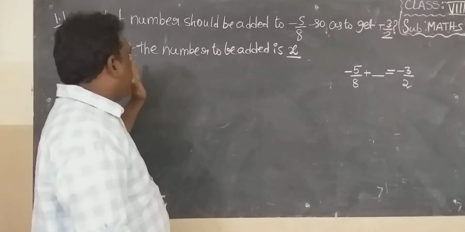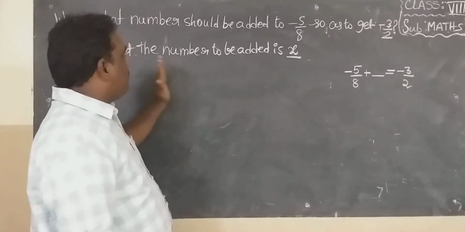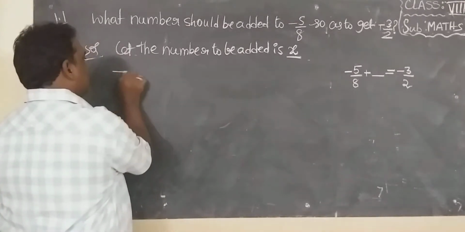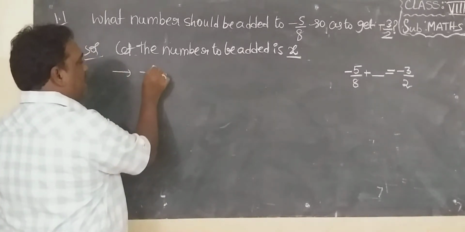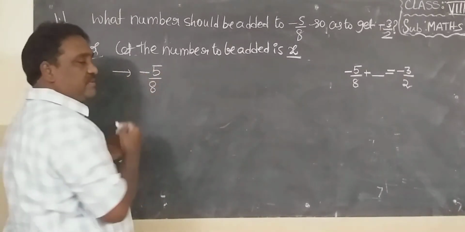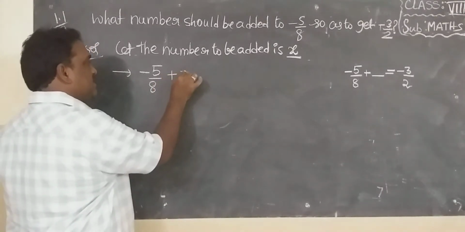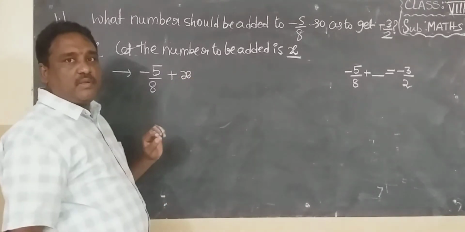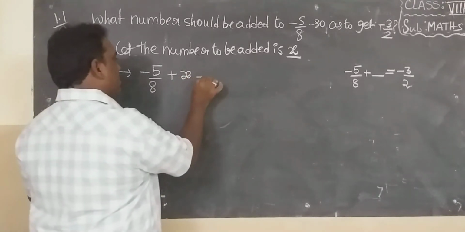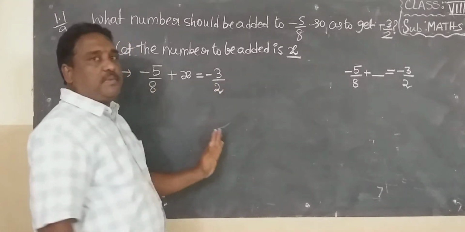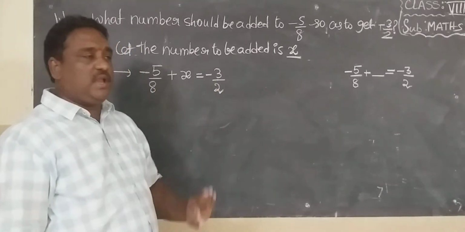Then implies, minus 5 by 8, the given fraction, plus x equal to, our answer, minus 3 by 2. This is the meaning of the problem. We need to find out the x value.